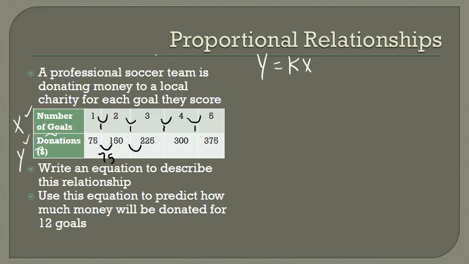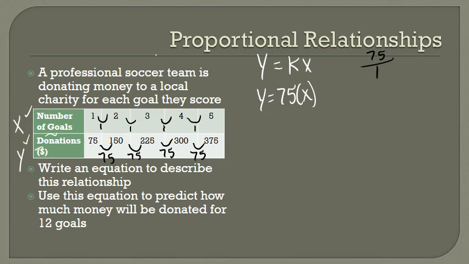The difference between 225 and 150, again, is 75. The difference between 300 and 225 is 75. And the difference between 375 and 300 is 75. And so I've got a relationship, say 75 to 1. Every time x goes up by 1, y goes up by 75. And therefore I can write an equation in the form of y equals kx as y equals 75x.